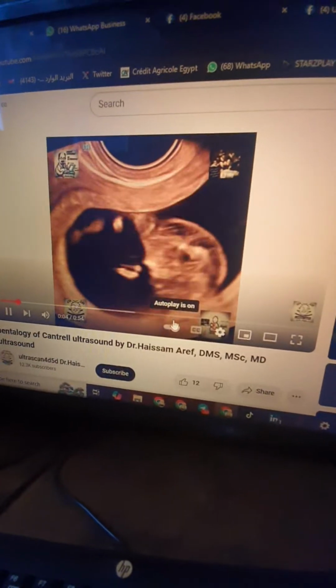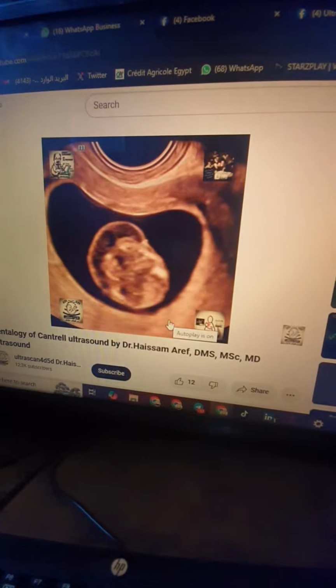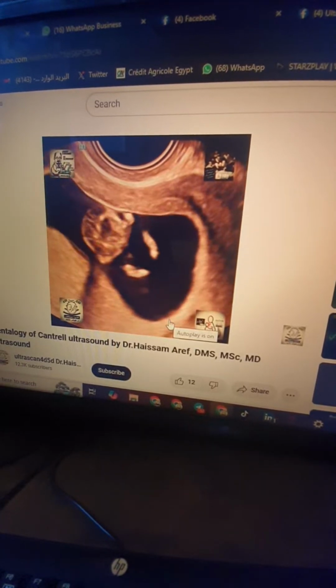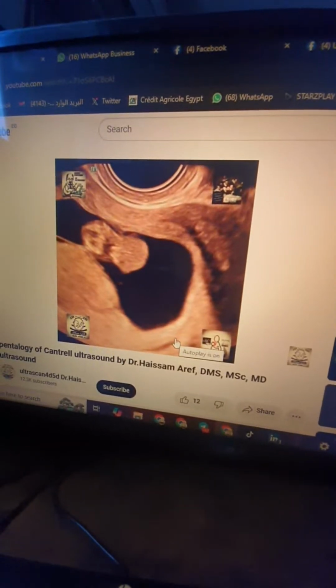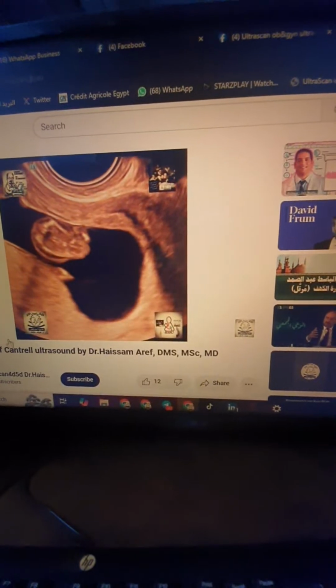Yes, this is the one. This is a case of pentalogy of Cantrell in the first trimester, my friends. You will find here the heart is outside of the chest cavity, like this. The heart is outside the chest cavity, like in this case of pentalogy of Cantrell, my friends.